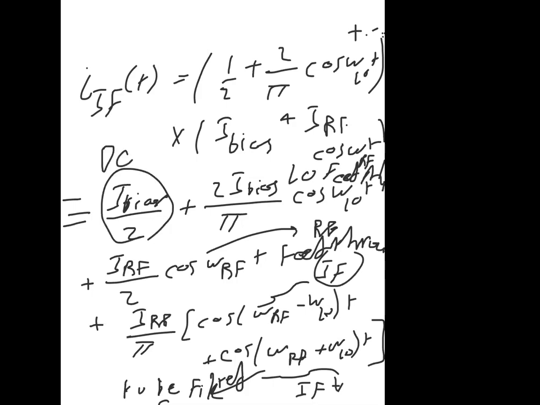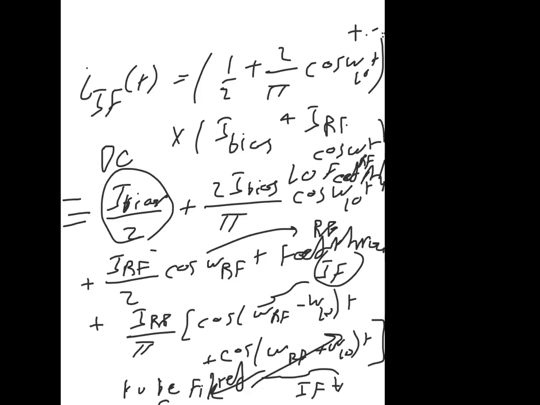So we have the first term, it is a DC component. Second term, it is the local oscillator feed through. And please keep in mind the feed through. If I ask you to find the feed through, this is how you're gonna find it. Then we have RF feed through as well, components. Then we will have an intermediate frequency components. The positive one will be filtered out, so it is ignored.